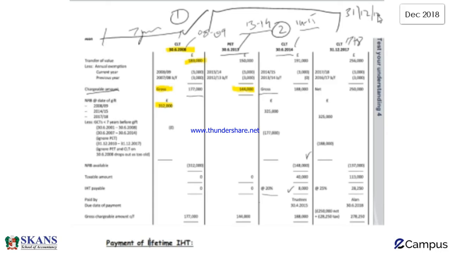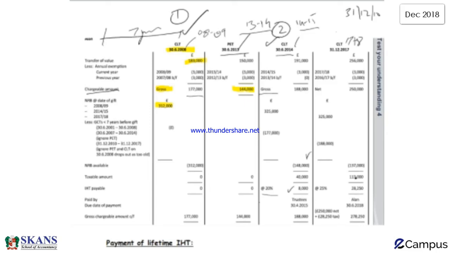Now, if I say this 31st of December 2010, well, that means 7 years before, we only have one CLT. This one does not fall into 7 years, and this is already past. So only one CLT with a gross chargeable amount of 188. So we just deducted that, and available nil rate band is 137,000.